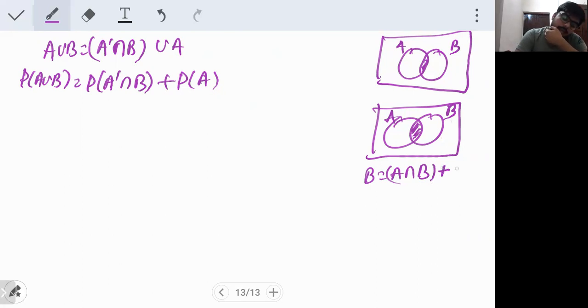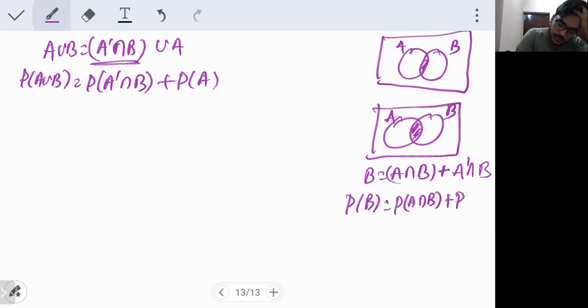That is A dash intersection B. So we can write it like this: the probability of B will be equal to probability of A intersection B plus probability of A dash intersection B.